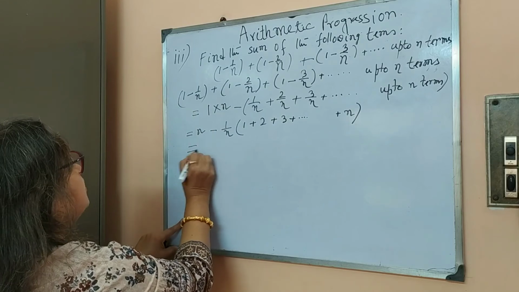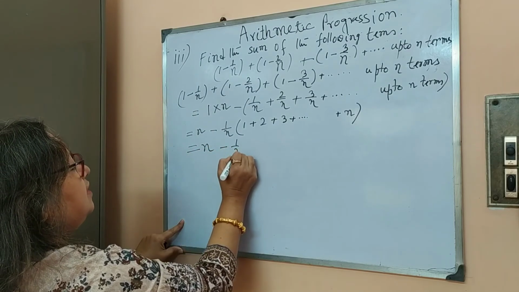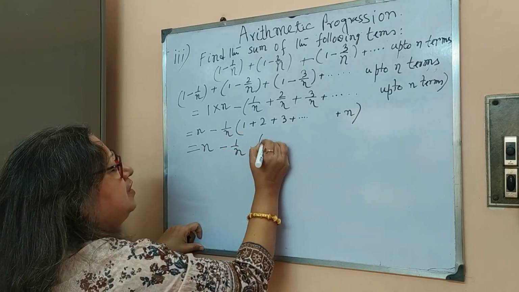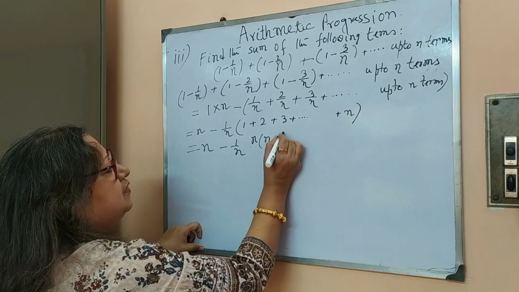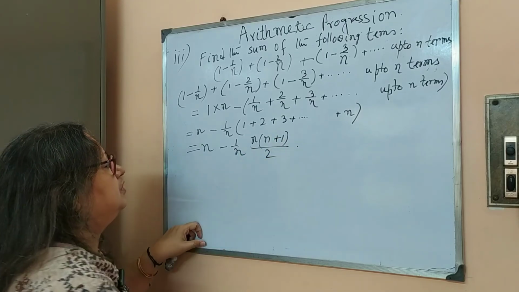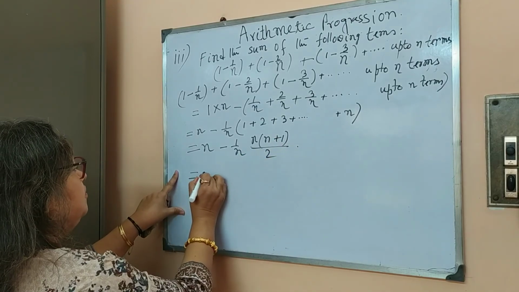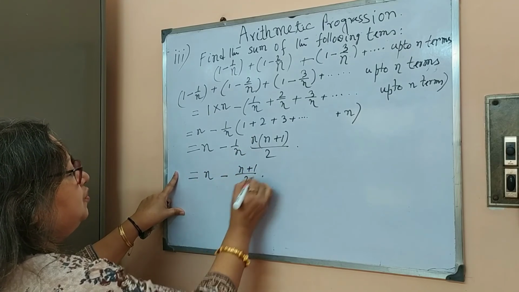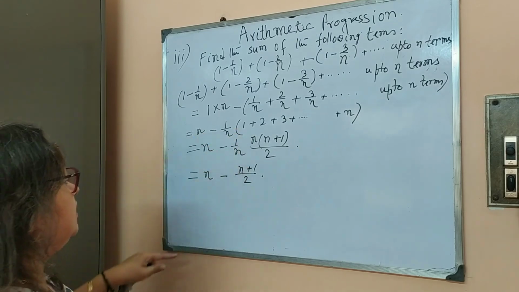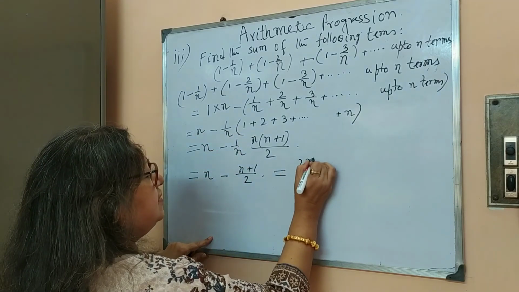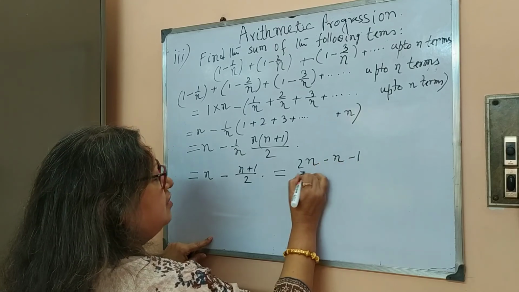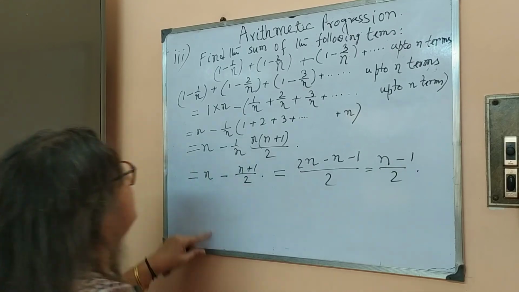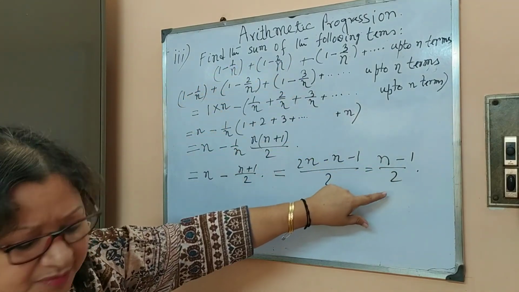That is equal to n minus 1 by n into, the formula of this is n into n plus 1 by 2. This is equal to n minus n plus 1 by 2. This n will cancel each other. That is equal to twice n minus 1 by 2, which is n minus 1 by 2. Then the sum of these terms will be n minus 1 by 2. Okay.